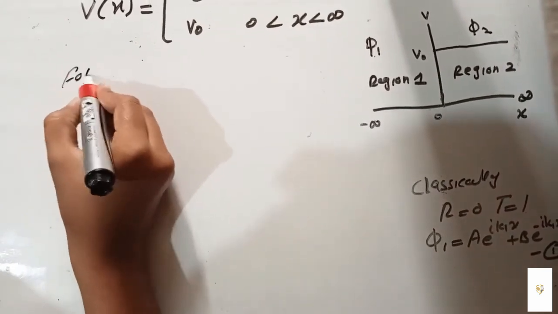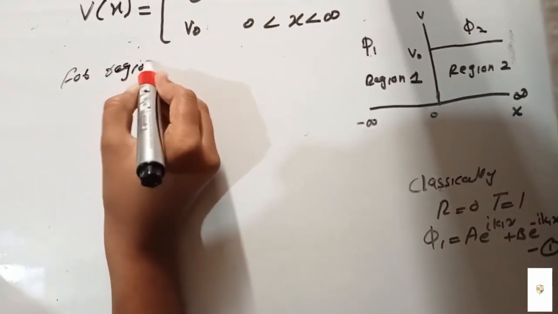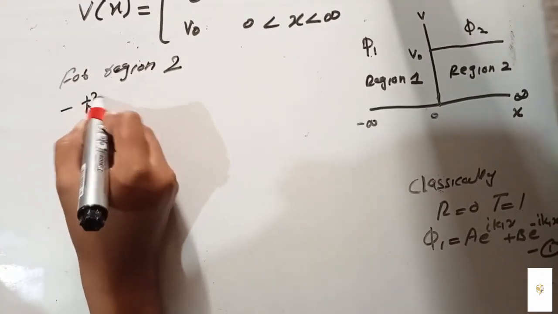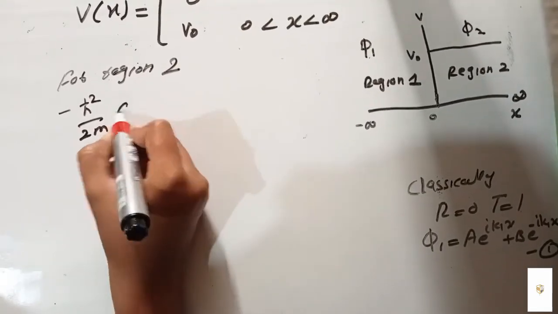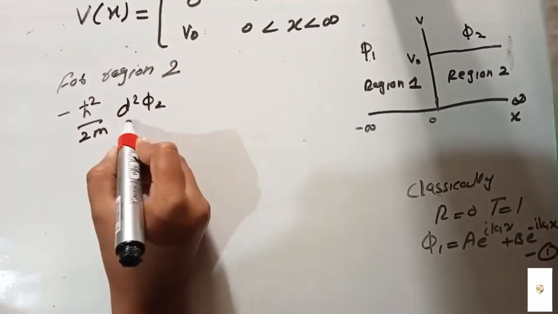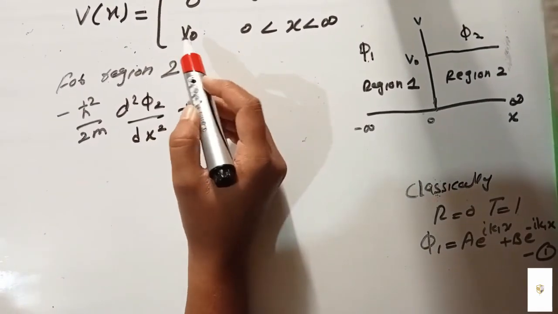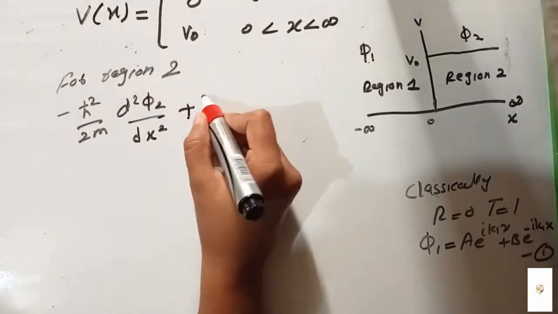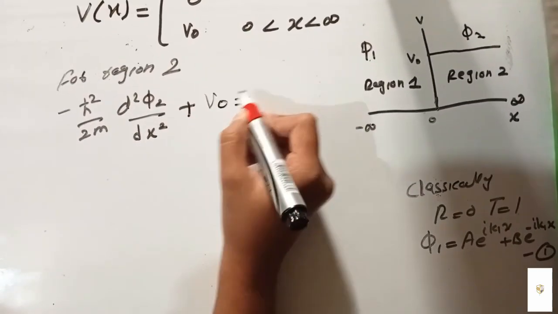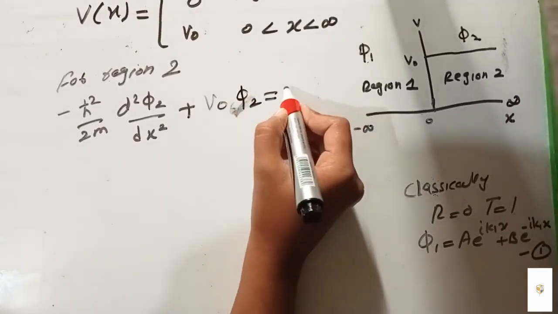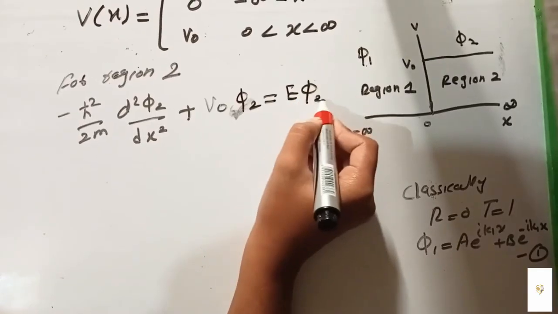For region 2, the Schrödinger wave equation is minus h cut square over 2m d square phi 2 over dx square plus, for region 2, V of x is equal to V0, phi 2 is equal to E phi 2.